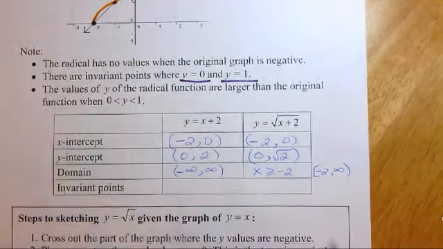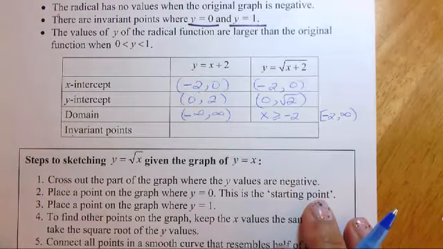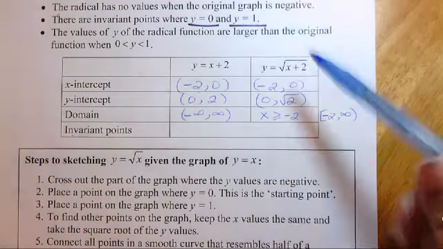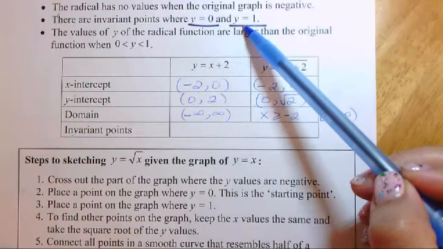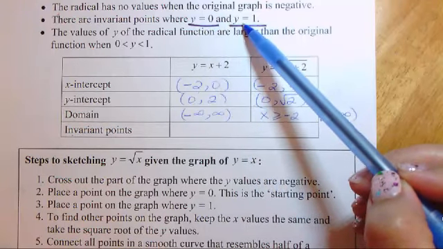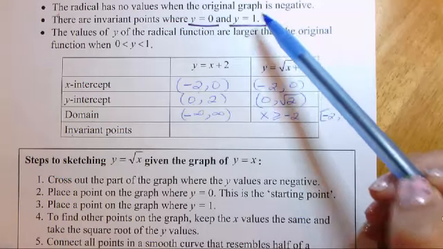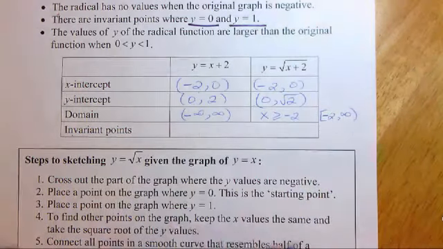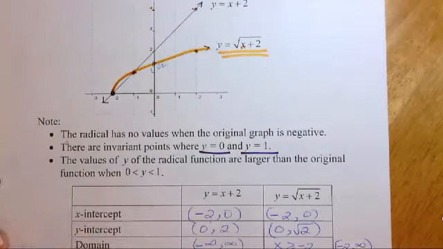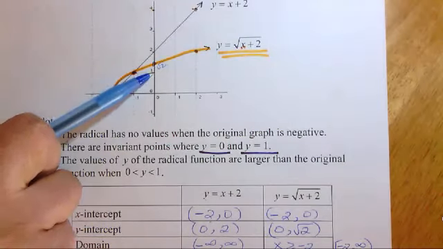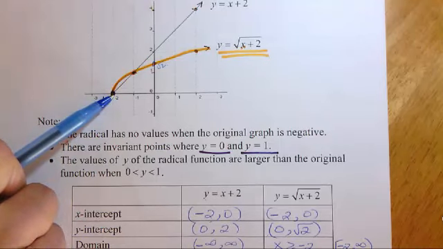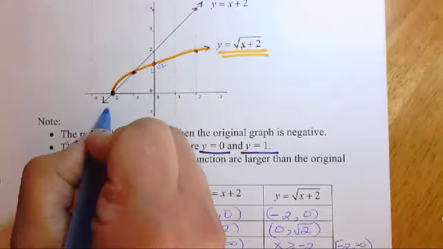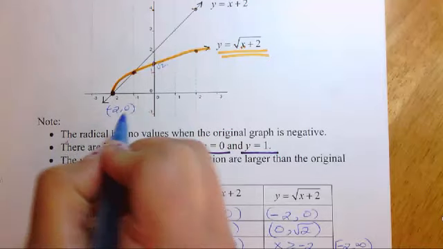Now, the invariant points: this note over here reminds us that the value for y is going to be 0, or y equals 1. That's where you're going to have your invariant points. If we go back to our graph, when y is 0, what's my x value? That is -2, so that's -2, 0.